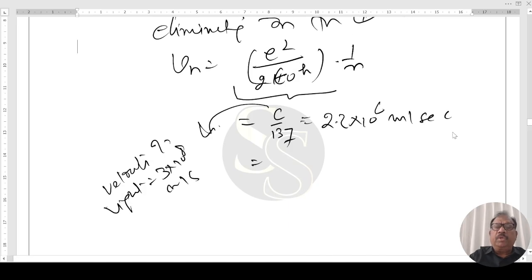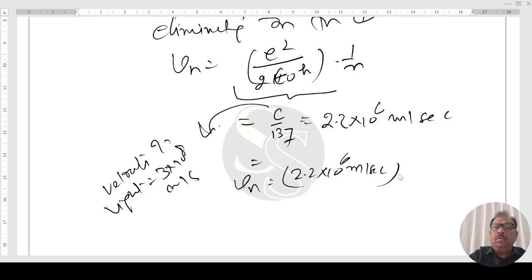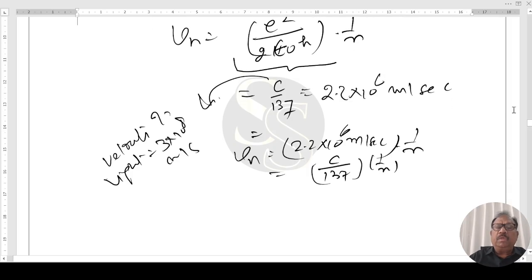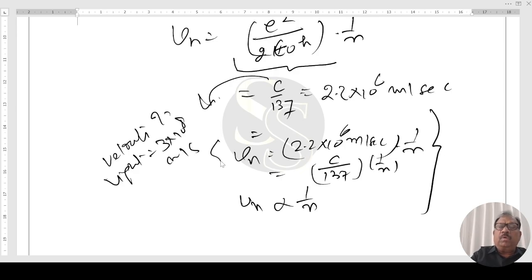Means velocity in the nth orbit is given by 2.2 into 10 to the power 6 meter per second into 1 by n. Or we can write C upon 137 into 1 by n, or we can say Vn is proportional to 1 by n. We can use either according to the requirement of the question.